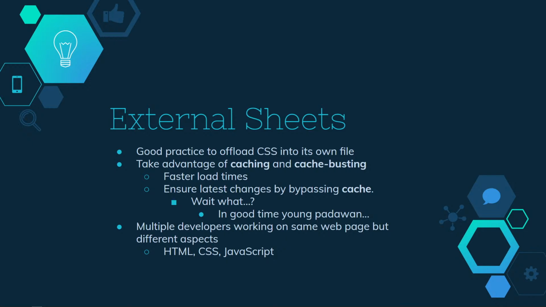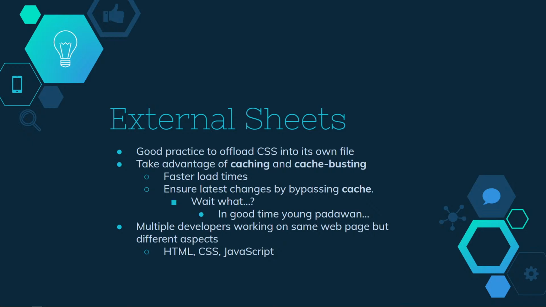But then sometimes you make a change to the CSS file, the actual contents, but the name doesn't change. Well, if it's already on disk, the browser is not going to do an HTTP request to grab the CSS file. It's just going to grab the one on disk. So if you did make a change, caching is actually working against you.